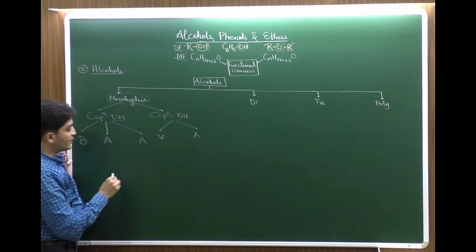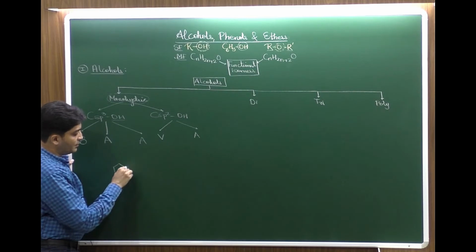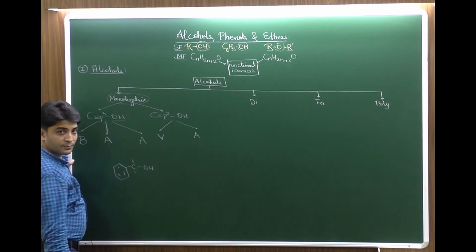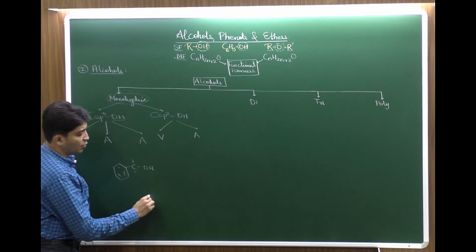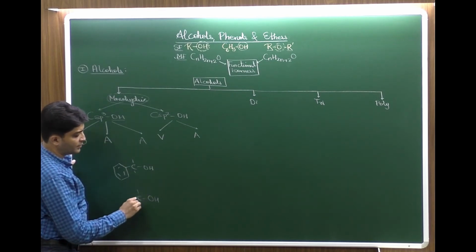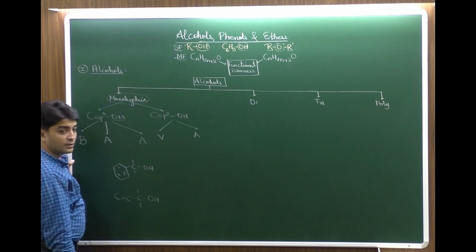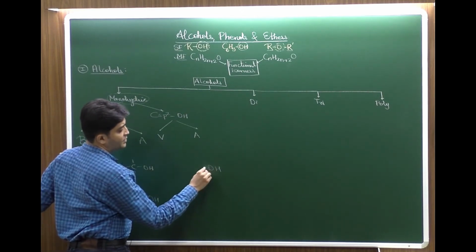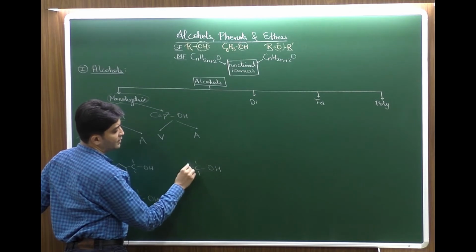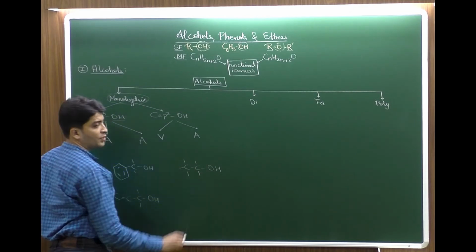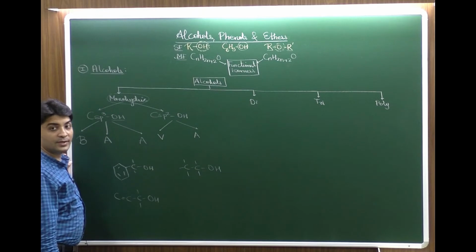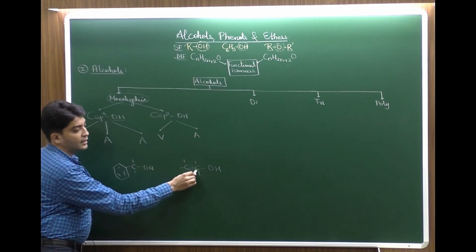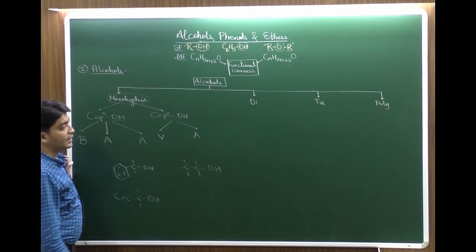So the identification for benzylic would be benzene, a single bonded carbon and OH. Allylic means OH is bonded to a single bonded carbon which in turn is attached to a double bonded carbon. Alkyl is OH bonded to a single bonded carbon which in turn is again bonded to a single bonded sp3 carbon. Benzylic, allylic and alkylic alcohols.